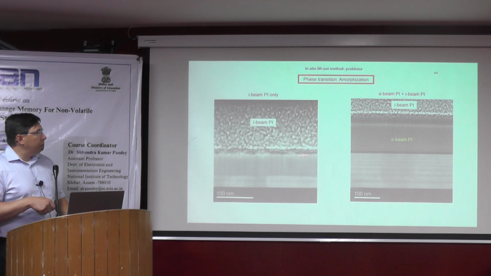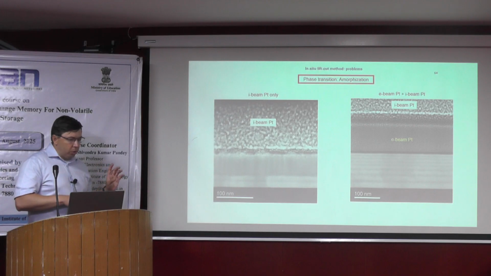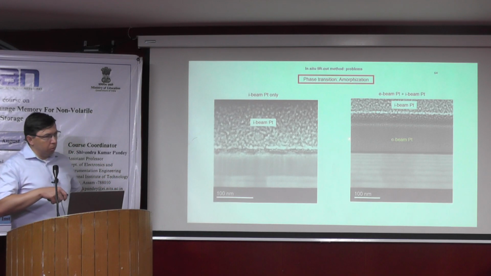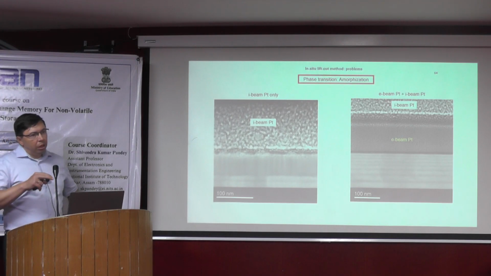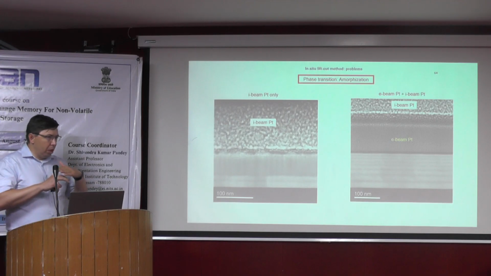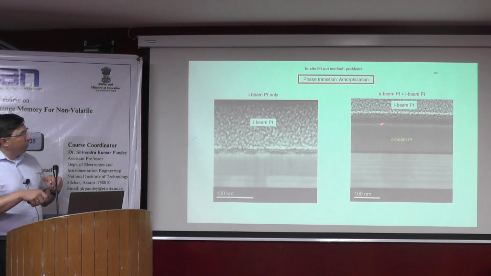What did we do wrong here? If you deposit a protective layer, first you deposit it using the electron beam. It's much softer, because the electron beam has low energy of incoming particles on the surface. You have to deposit it before the deposition of ion beam platinum.